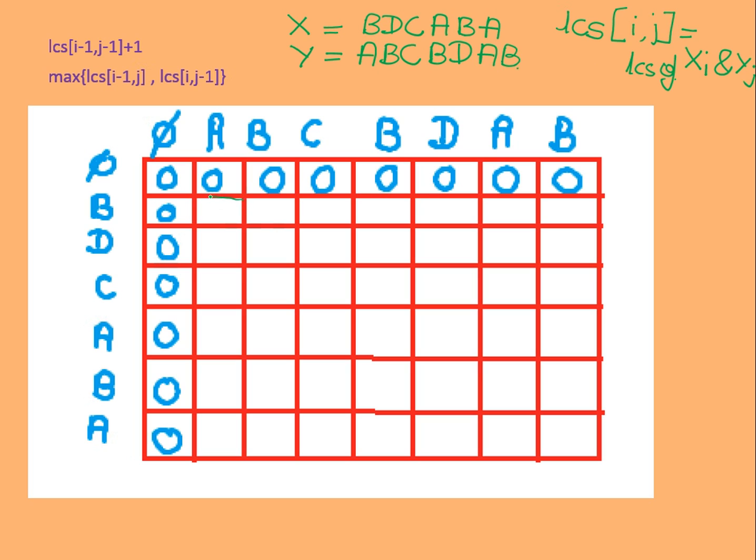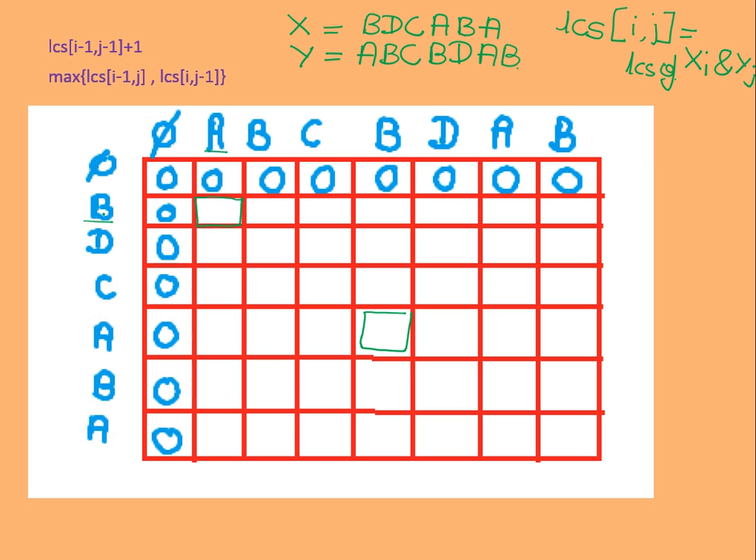So like here in this cell, I have LCS of B and A. Or say if I choose this one, then I have LCS of BDCA and ABCB. So let's start. First I have A here and B here.